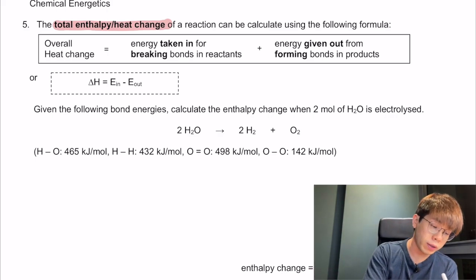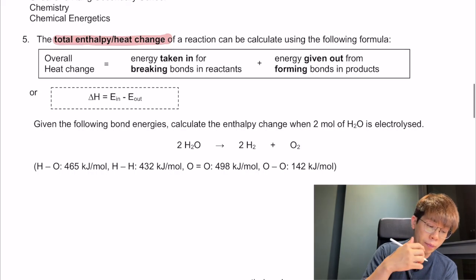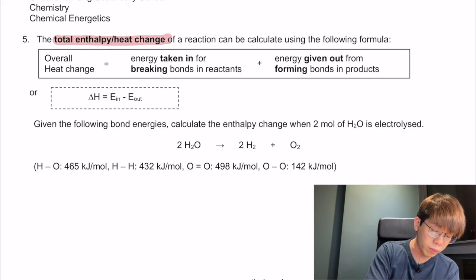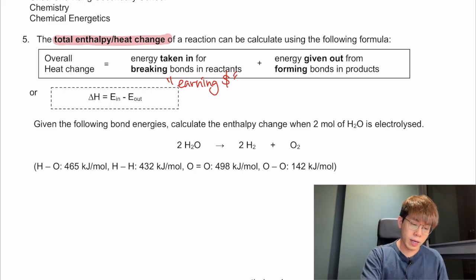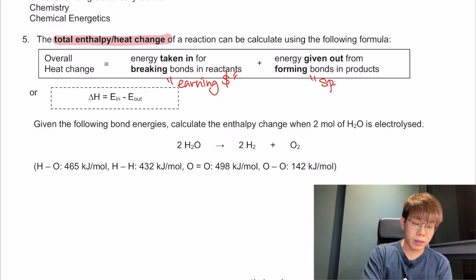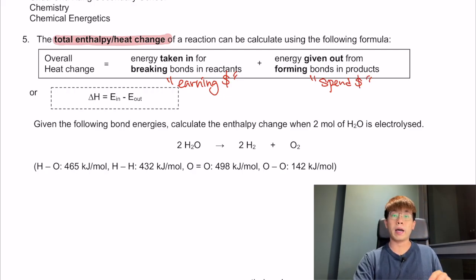So remember what I told you about when I'm breaking the bonds, it's like earning money. So I am earning the energy, I'm absorbing the energy first, and then I spend the money when I form the bonds. So now imagine that if I were to earn $10, right?